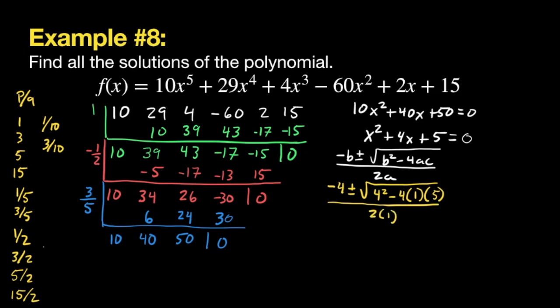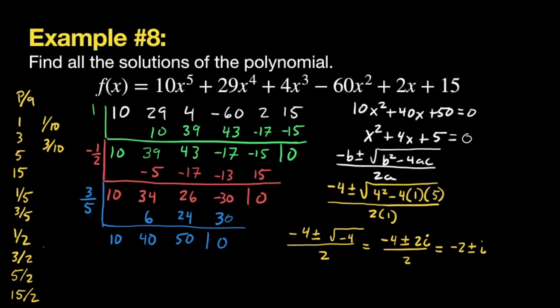And we're going to simplify this using a calculator if you need it. When we simplify this, we get negative 4 plus or minus the square root of negative 4 over 2. And that is going to be negative 4 plus or minus 2i divided by 2. So we can rewrite this as negative 2 plus or minus i.